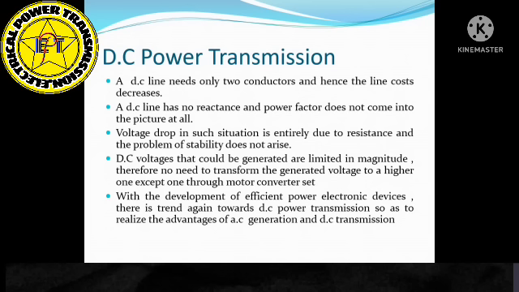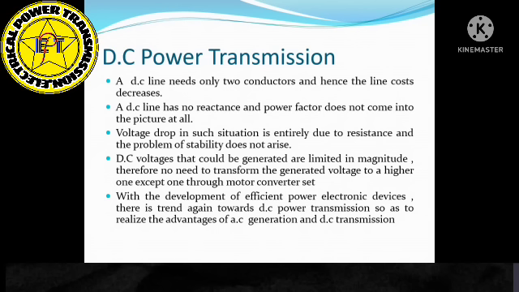So dear students, this is the conclusion point, that the more technical advantages are to generate power through AC systems, and the best recommended practice is to transmit the generated power through DC transmission line. Now I hope you are clear.